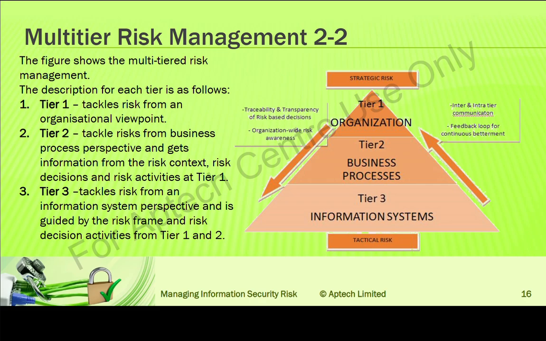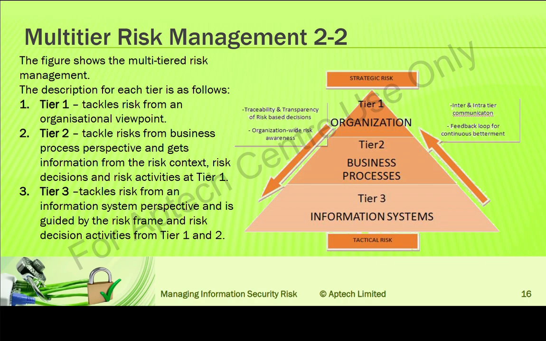Number one is how the organization looks at the risk, then how they bring this into the business process, the decisions they will make, the risk activities, how to mitigate it, and everything related to the risk. Tier three tackles risk from an information system perspective and is guided by the risk frame and risk decision activities from tier one and tier two. From the viewpoint of the information system, we determine how we are going to tackle it.